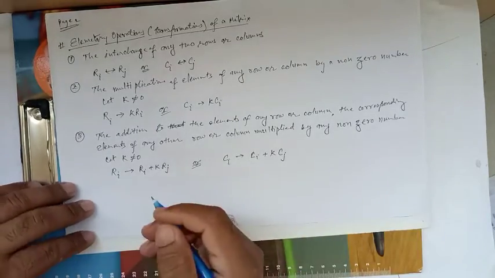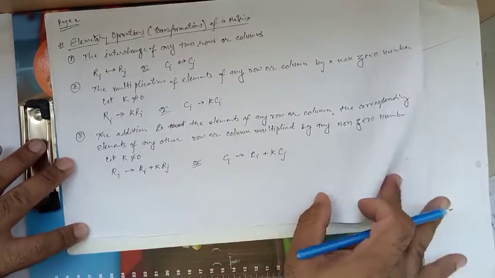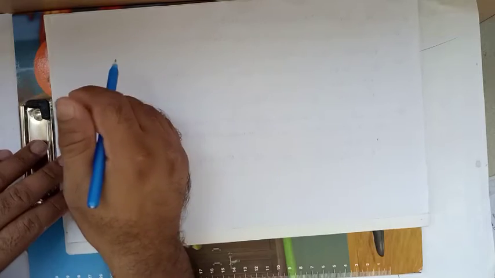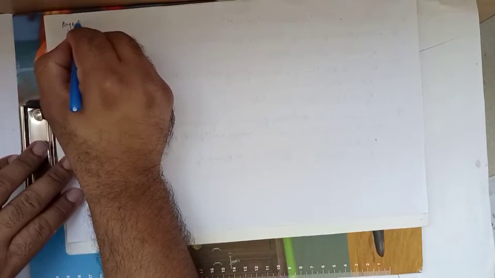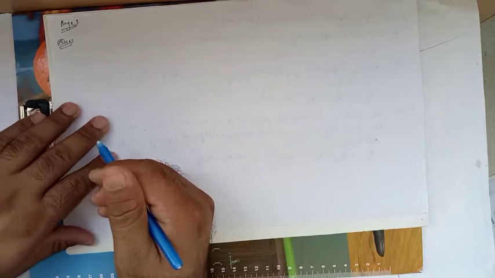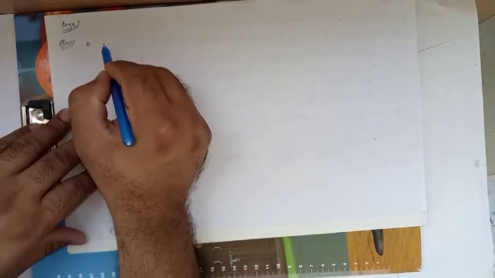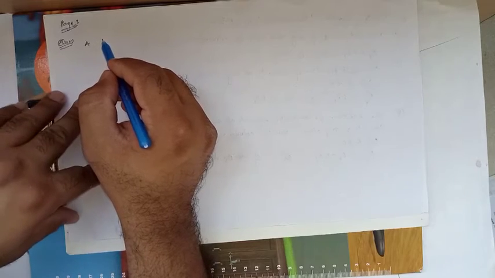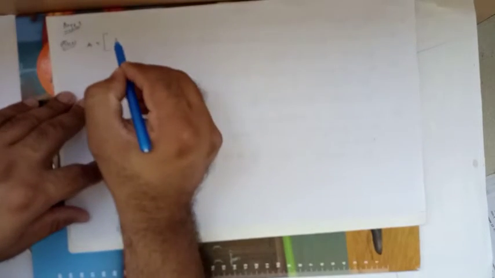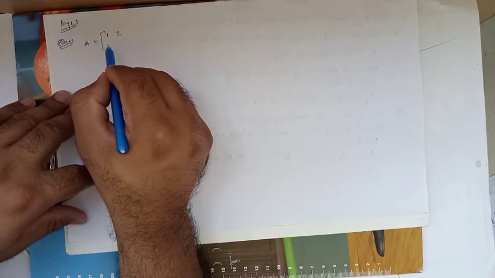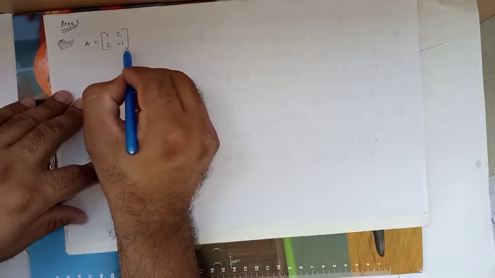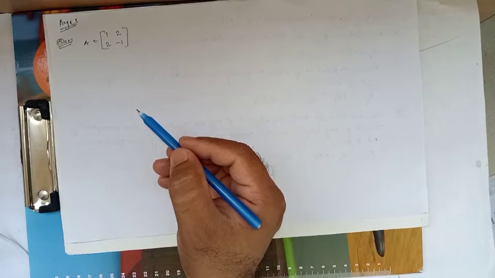So let us solve one question, and this is page 3. The question says, by using elementary operations find the inverse of the matrix A such that A is [1 2; 2 -1].